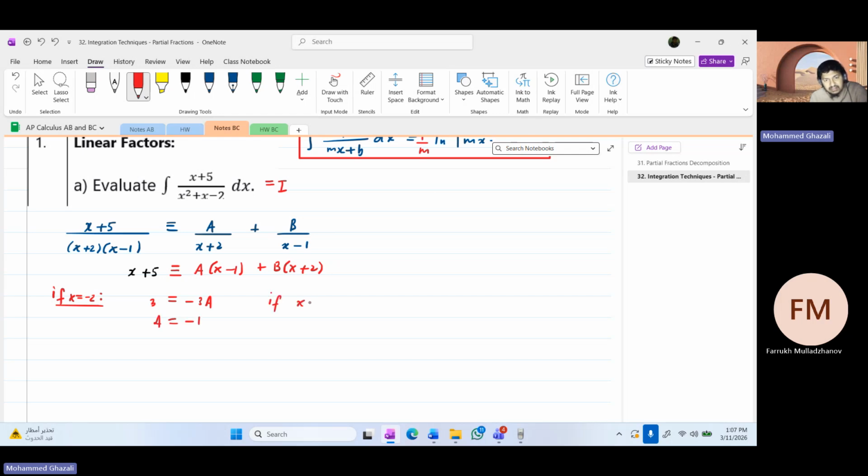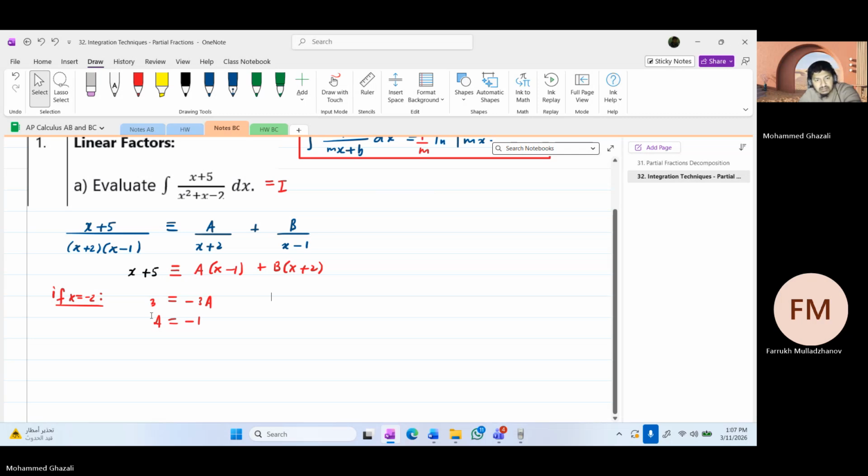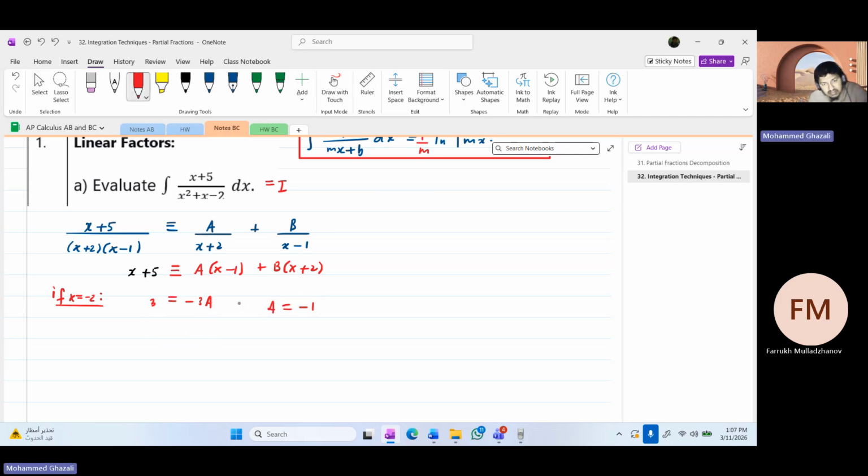Now, if x is equal to 1, a falls out. 1 plus 5 is 6, and 6 is equal to 3b. This implies b is equal to 2.